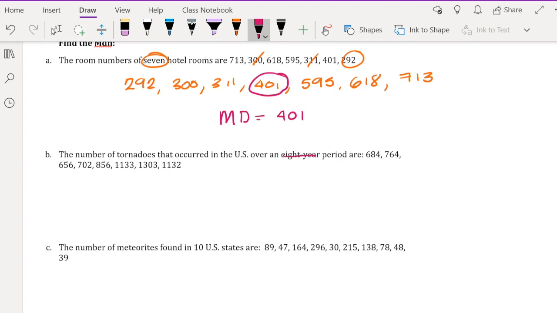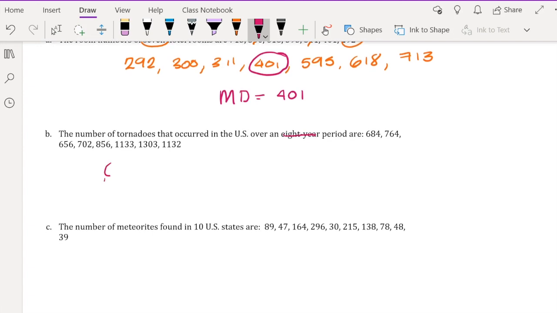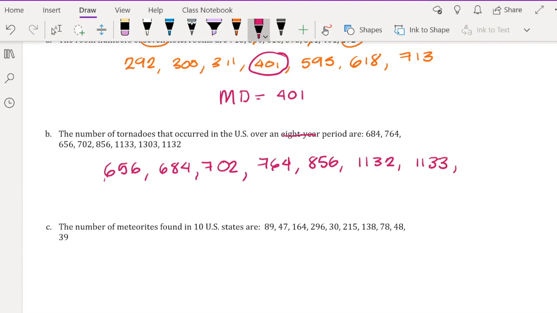So let's do 656, 684, 702, I forgot my comma, 764, 856, 1132, 1133, and 1303.